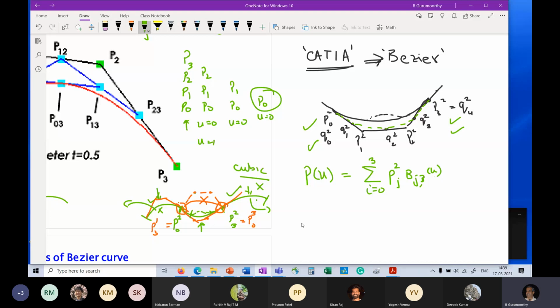And we are saying that this is exactly identical to the sum over i equals 0 to 4 of Q_i B_{i,4}(u). That's what we are saying. Right? n is 4 in one case, 3 in the previous case. So that's the algebraic difference, but qualitatively what has changed now?